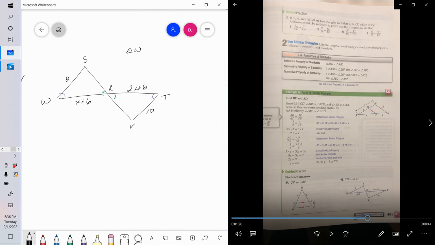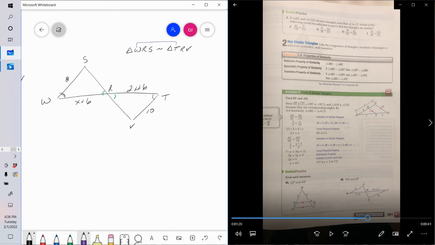Triangle WRS is similar to triangle TRV.